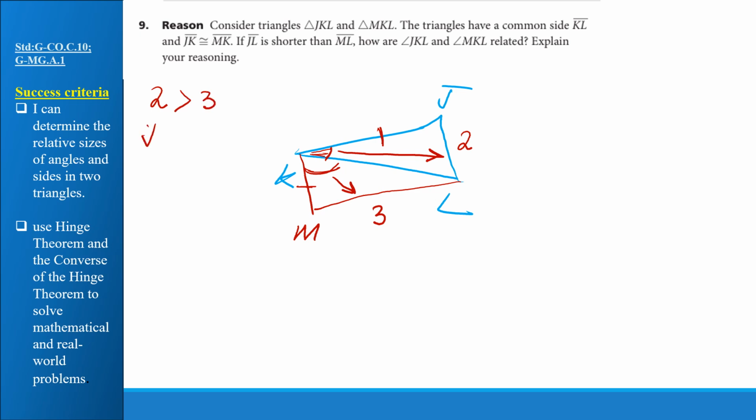So JL is shorter than ML. That's why angle JKL is smaller than angle MKL. So slowly and gradually try to prove the things by writing one by one scenarios.